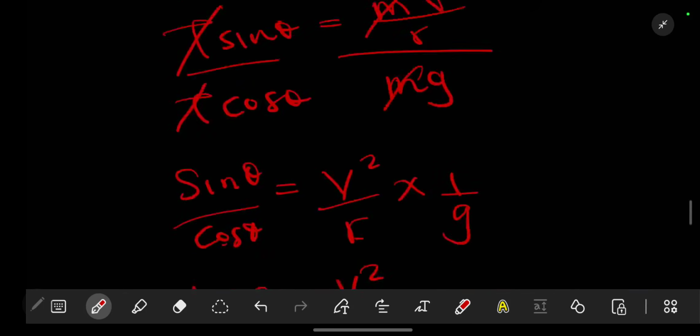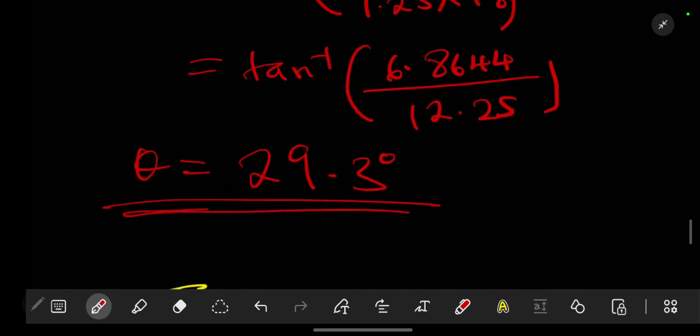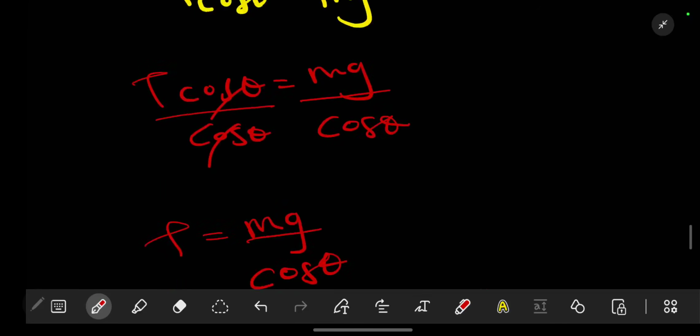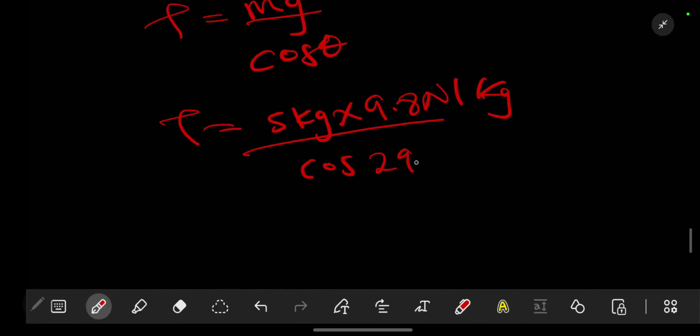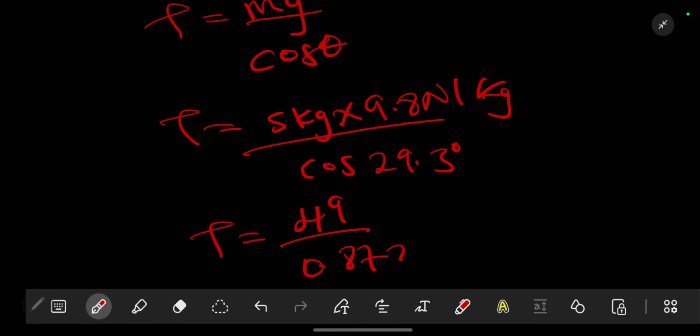What is the angle? The angle was found to be 29.3. So we have 29.3 degrees. So our T should be equal to, on top, it will be 5 by 9.8, which gives us 49, over our cos of 29.3. So our cos of 29.3 gives us 0.872.